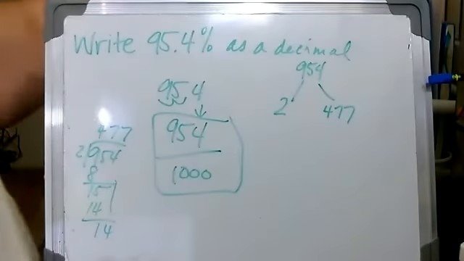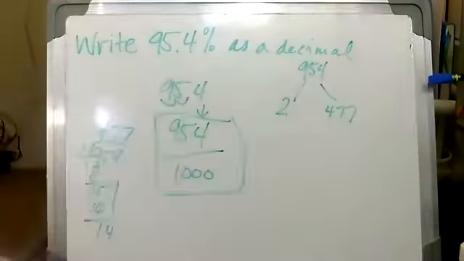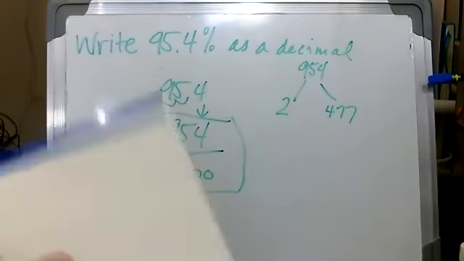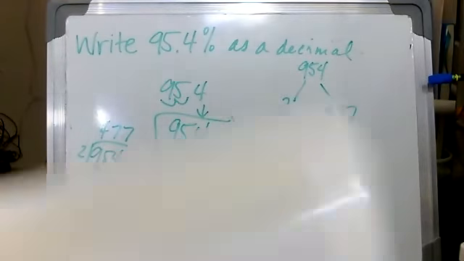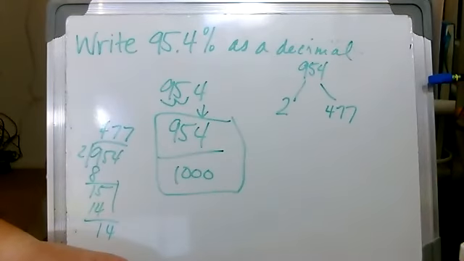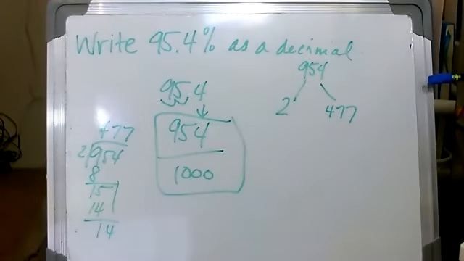That's 477. Now, we're going to consult our handy dandy blue book because we need to know where we go from there. The divisibility rules. We know it's not an even number. 477 is not an even number.